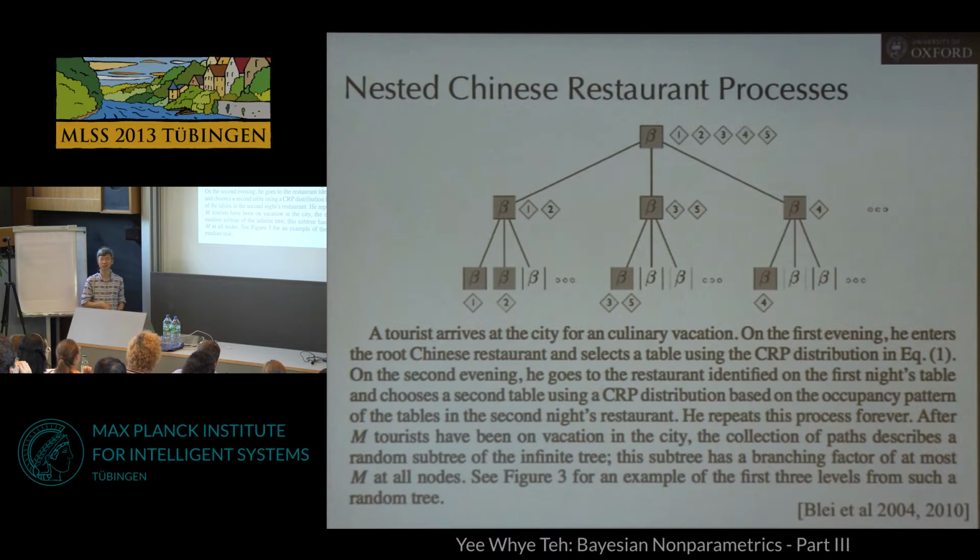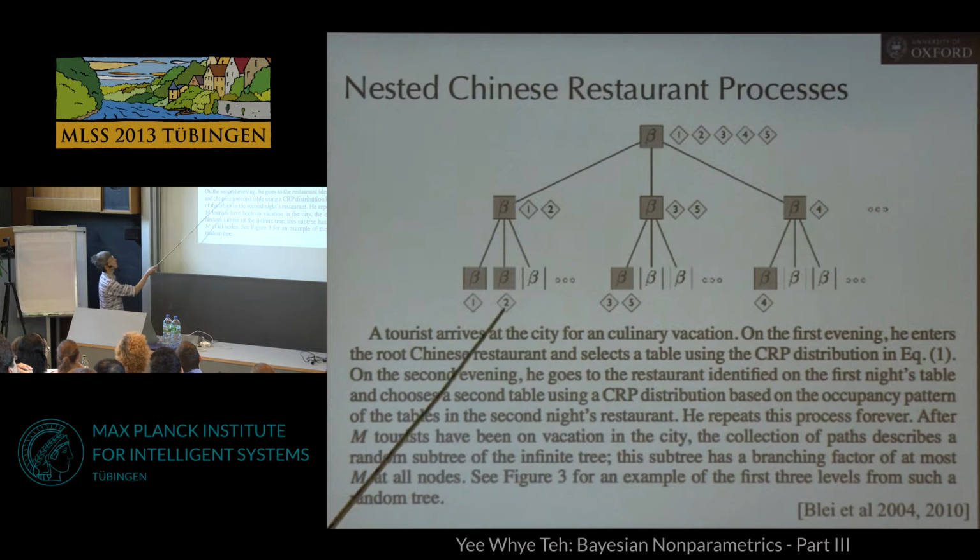So we can think of this as a culinary vacation where we have tourists going to San Francisco for 5 days, and then they're going to go to one Chinese restaurant each day. Right? On the first day, all of them go to the same restaurant, and on each table, you're going to have a name card for the next restaurant that you are recommended to go to.